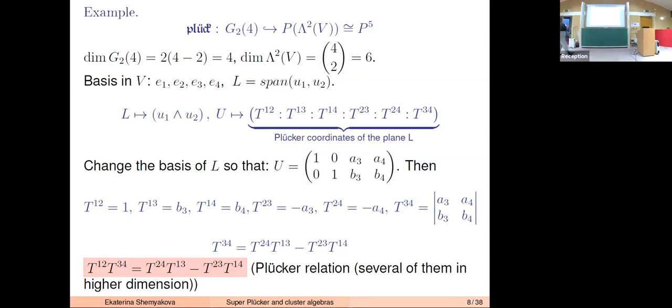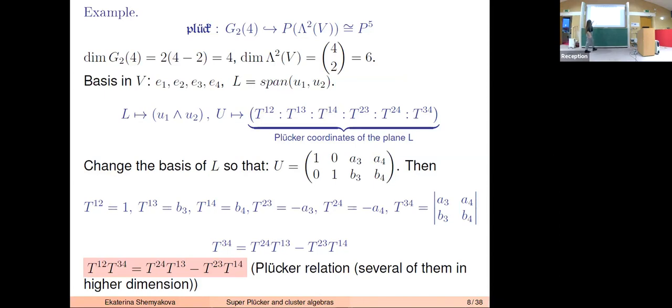I use both notations; they are equivalent. It is the Grassmannian of two-planes in a 4-dimensional space. Suppose we fix a basis e1 to e4 in the embedding space, and suppose L is spanned by two vectors. Then L is mapped into the equivalence class of the wedge product of v1 and v2.